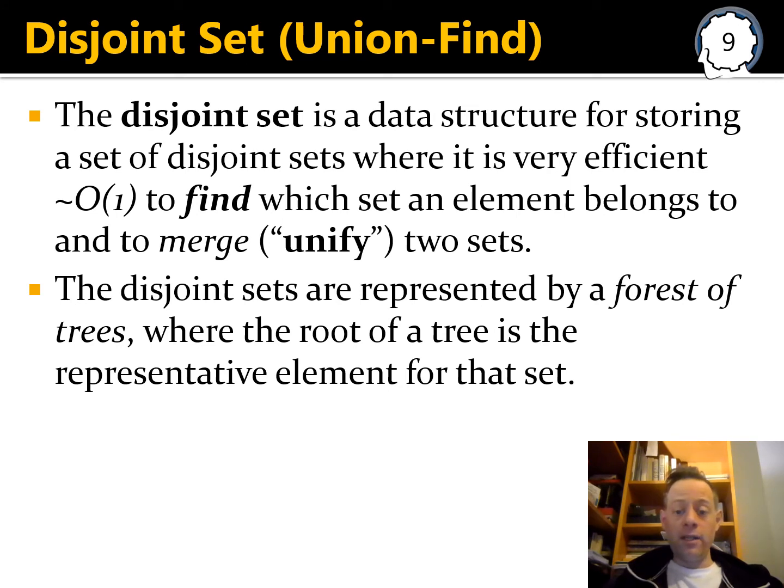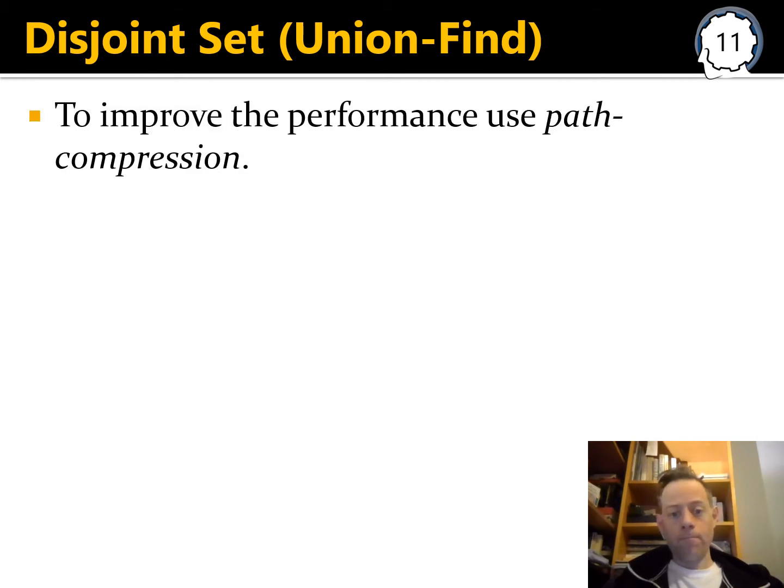So in the disjoint set, each tree is represented by this root element. So that's the representation of this set. Now I realize that here I usually draw some images of how these data structures actually work.